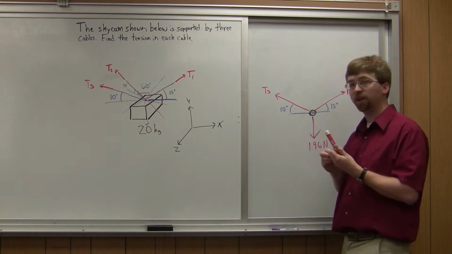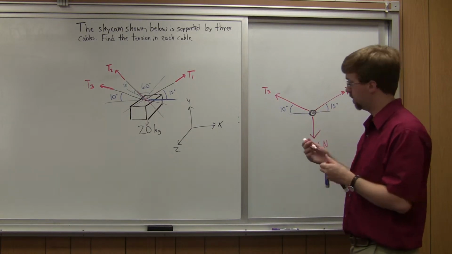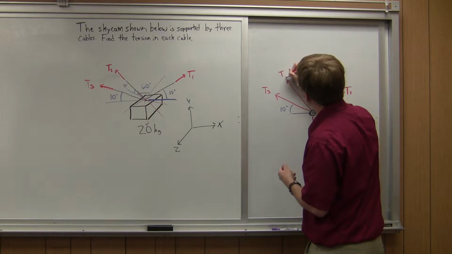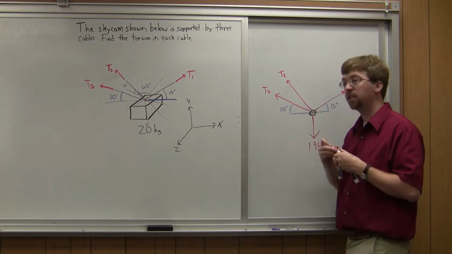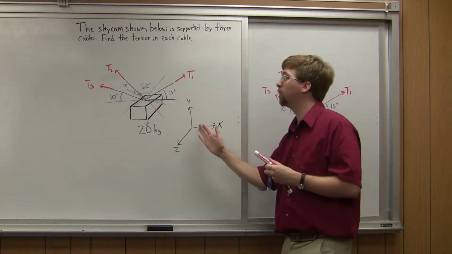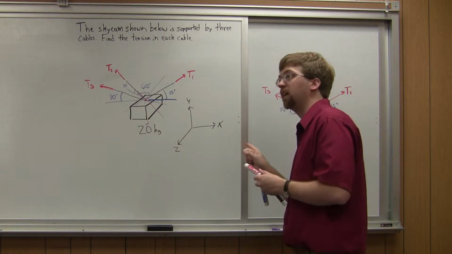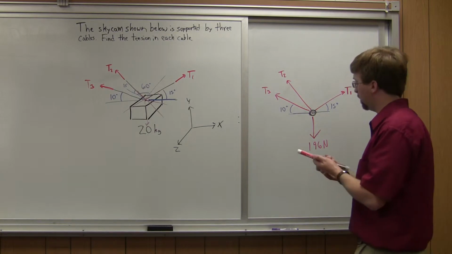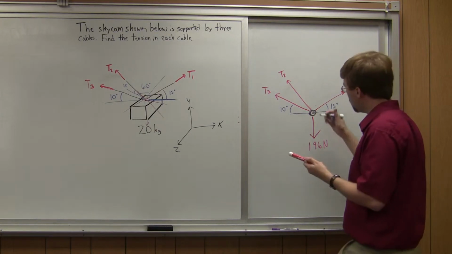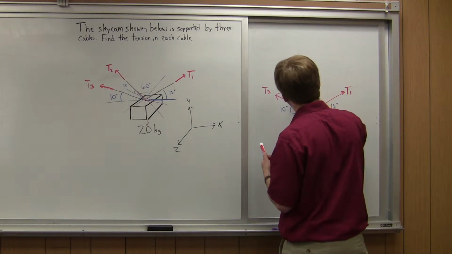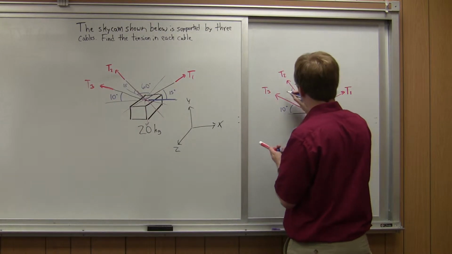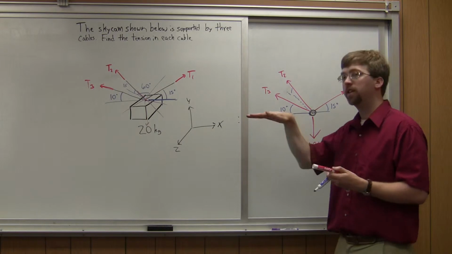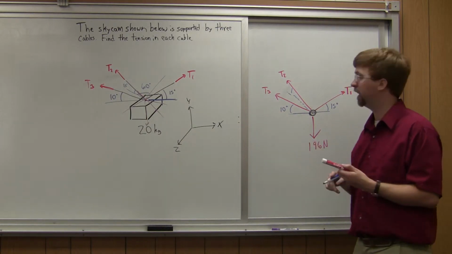And the complicated one here is going to be T2. T2 goes back like this. It's not in the xy plane. So you can think about it going back into the board. It's in the negative z direction, and it is going to be 15 degrees, I'm going to draw in like so, 15 degrees above the horizontal xz plane.